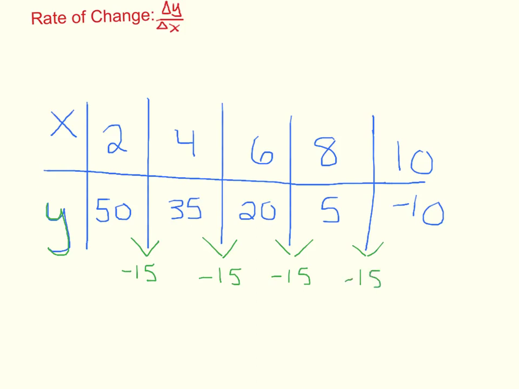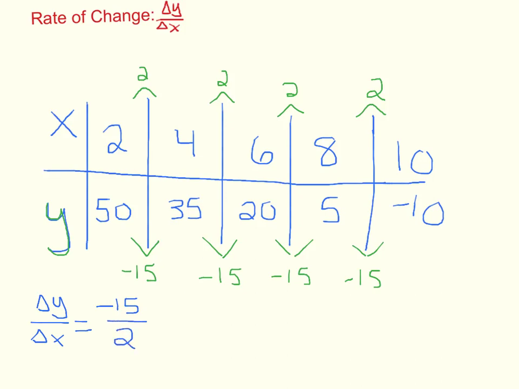So this looks pretty constant, but that doesn't mean it's linear yet. We still have to find the change in our x values. From 2 to 4 goes up by 2, 4 to 6 up by 2, 6 to 8 up by 2, and from 8 to 10 up by 2. So the change in y divided by the change in x. My y values are changing by negative 15, and my x values are changing by 2.